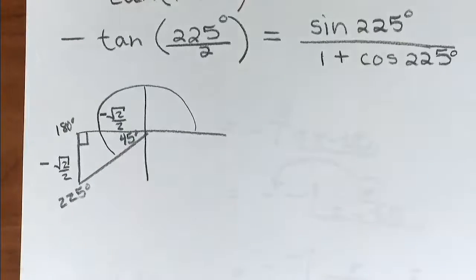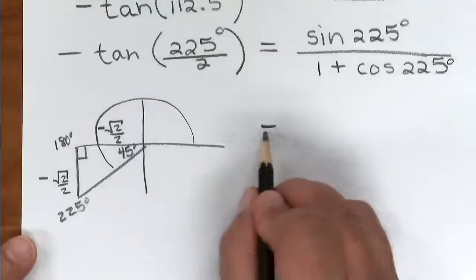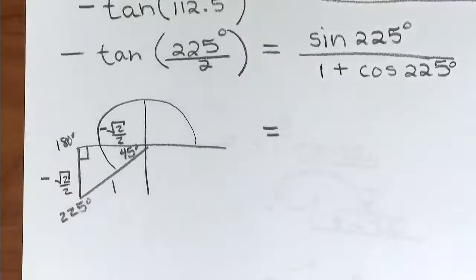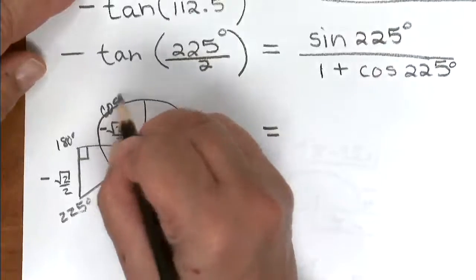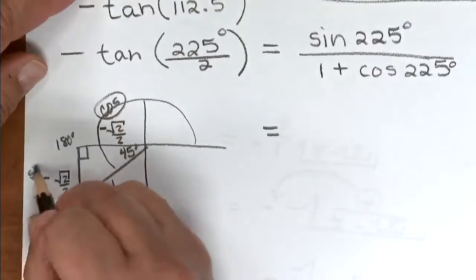Now go back to the problem, and start plugging in the values from the picture. Now in this case, just the leg that goes like this, cosine. Leg that goes like this, sine. You don't need to do y over r because the r is 1. This is the cosine. This is the sine.